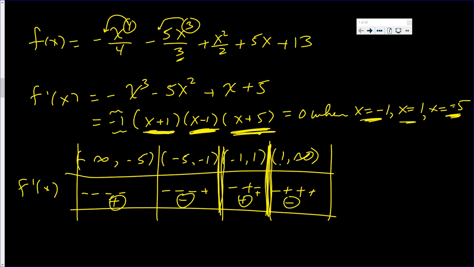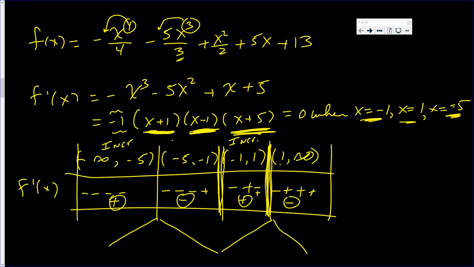For the record, they don't always have to alternate. So it's positive, negative, positive, and then negative. So it is increasing on negative infinity to negative 5, as well as negative 1 to 1.